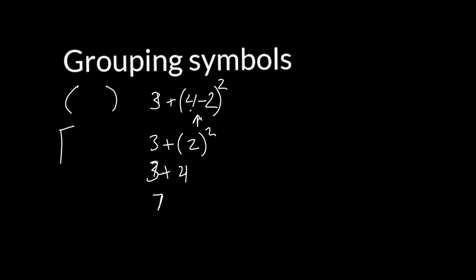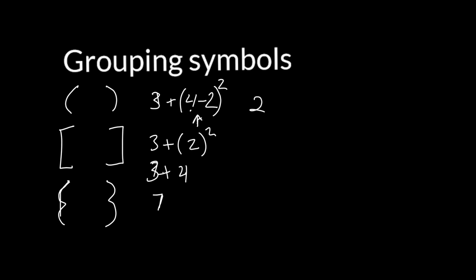Parentheses, brackets, and braces. Those are the three major parenthetical symbols. But as you get higher and higher in math, and especially on the calculator, you're not going to see the brackets and the braces. They're just going to have multi-level parentheses.